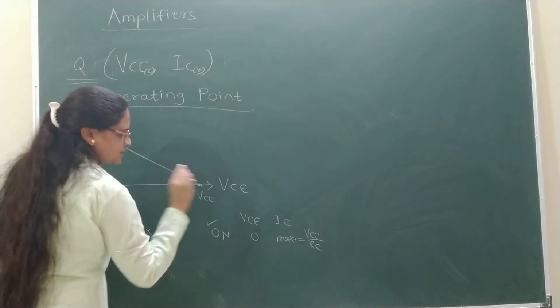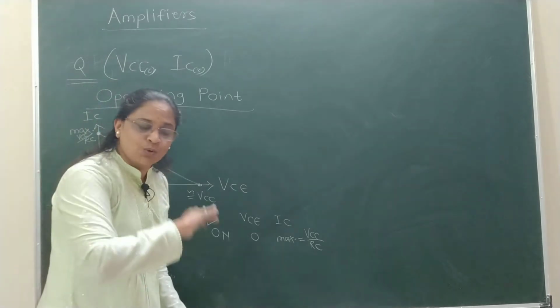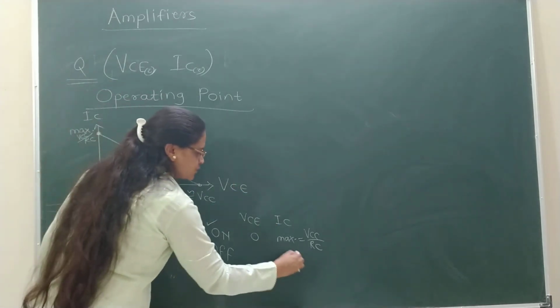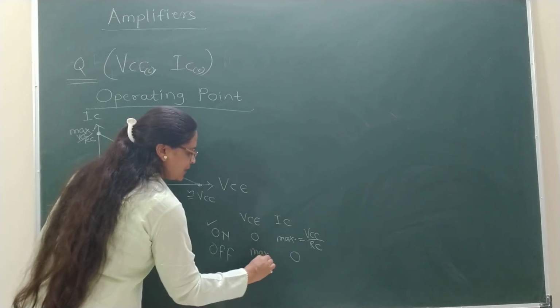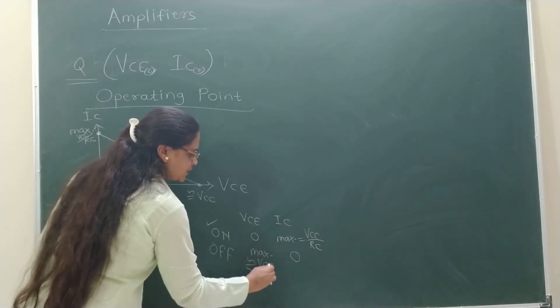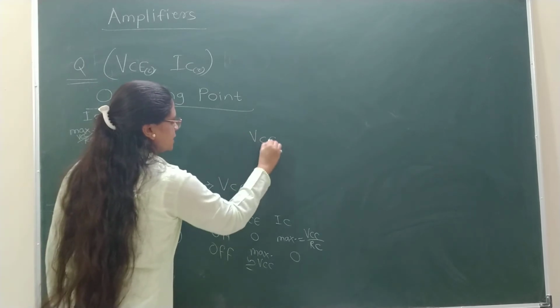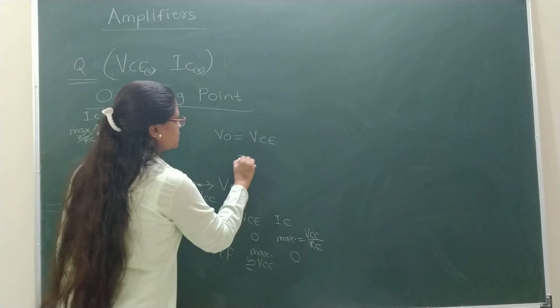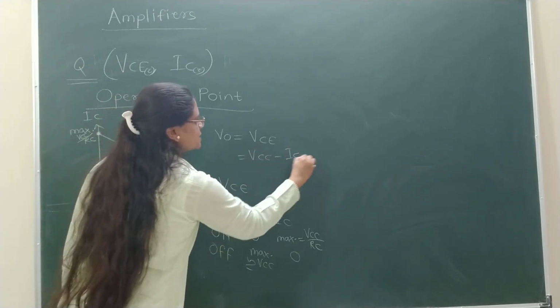So this shows the transistor is getting used as a closed switch, and off switch means off, no collector current flows. And in that case VCE will be maximum, approximately equal to VCC, because in case of a CE circuit, VCE is the output voltage, which is nothing but VCC minus ICRC.